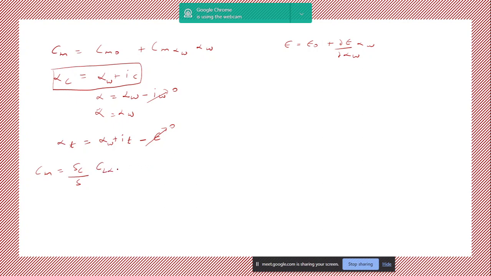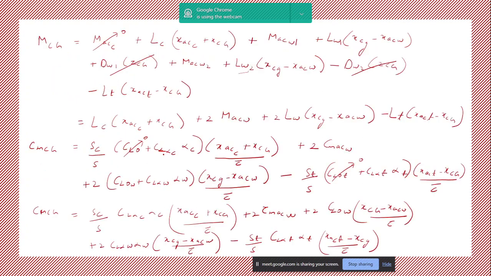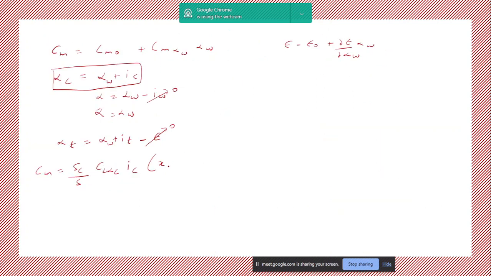Cl alpha C into i_C and the moment arm, which was XACC plus XCG. What is remaining here? Alpha wing. So that will be S_C upon S, CL alpha C, alpha wing, (XACC plus XCG).